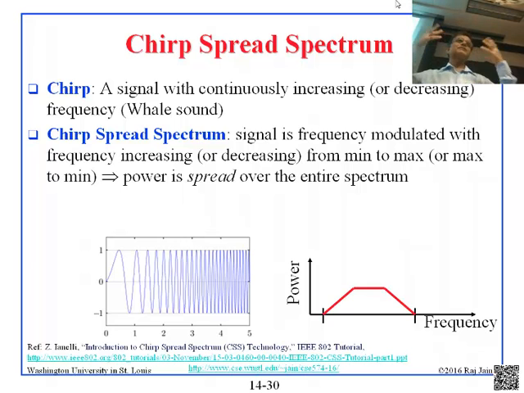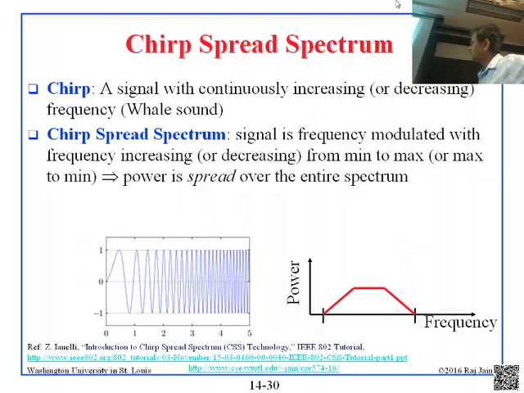So we talked about spread spectrum techniques, DSRC, and then we had the coding, and then we had other one, right? Frequency hopping. Now, this is another one. This is actually not frequency hopping, but it is a signal with continuously increasing or decreasing frequency. So when you send something, you start at frequency 1, and then you keep increasing frequency.